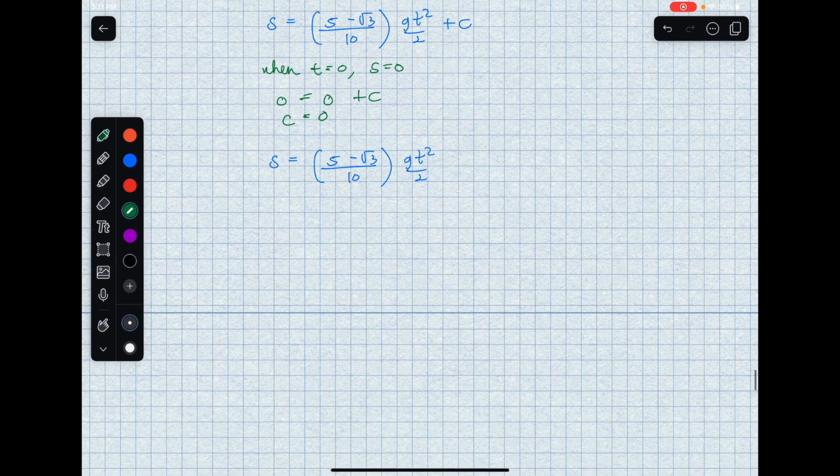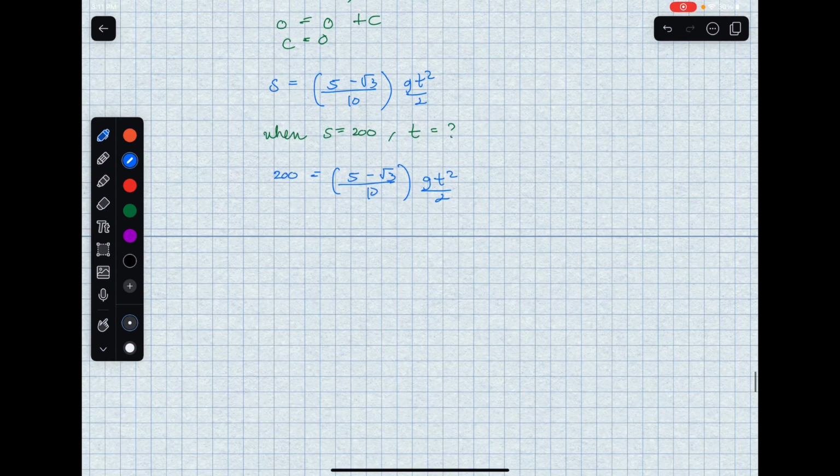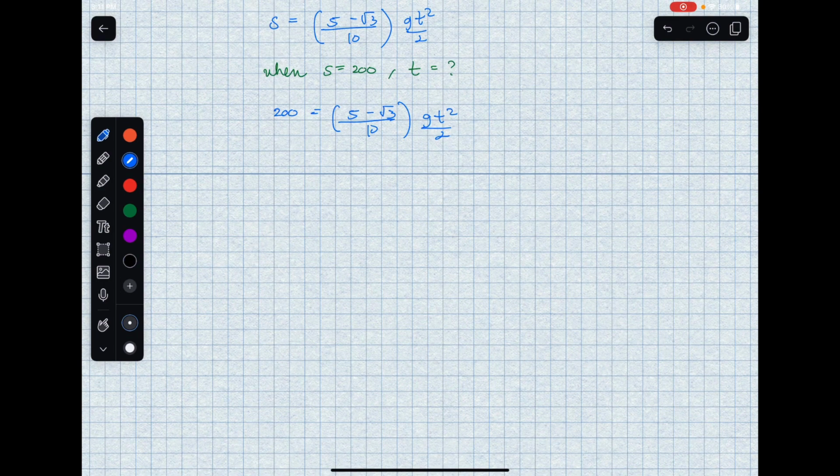So we can now find the time when s is 200. So 200 equals 5 minus square root of 3 over 10 times g t squared over 2. So 2 times 10 is 20, so 20 times 200, divided by 5 minus square root of 3, equals g t squared. So dividing by g gives t squared.